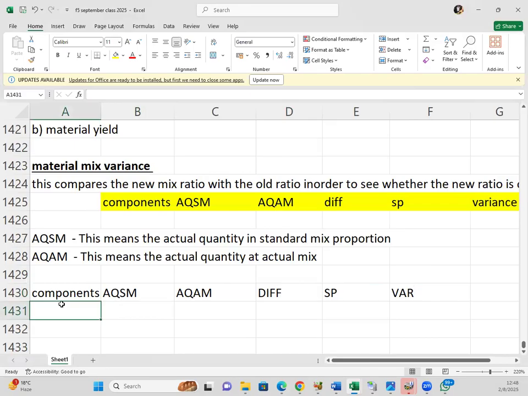So the components, the actual quantity, standard mix, actual quantity, actual mix, the difference, the standard price, the variance.